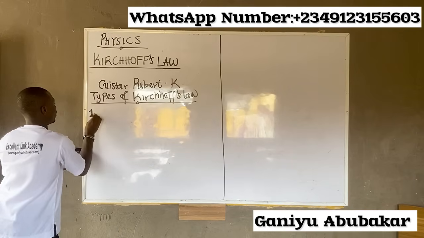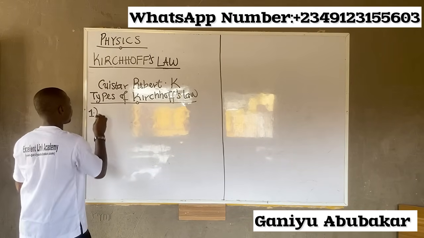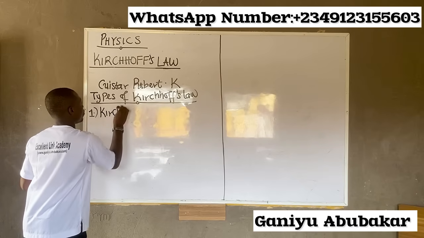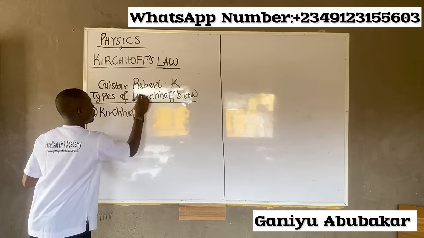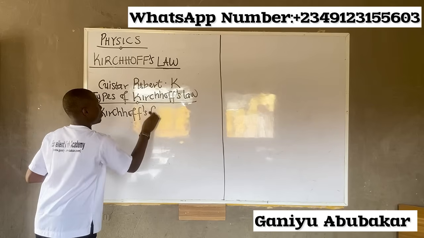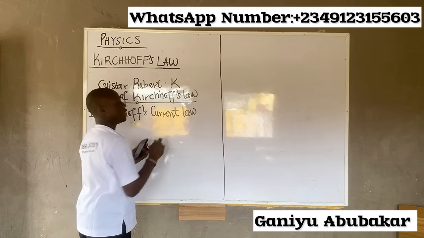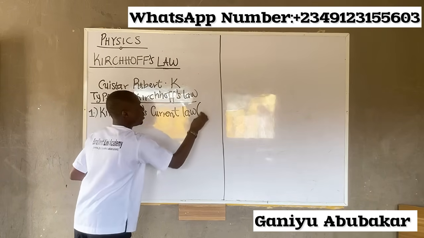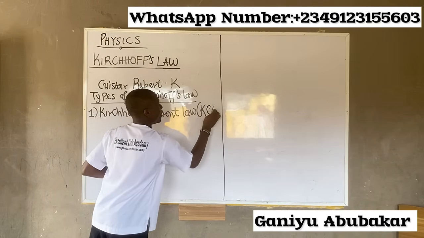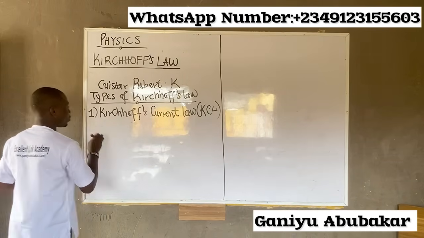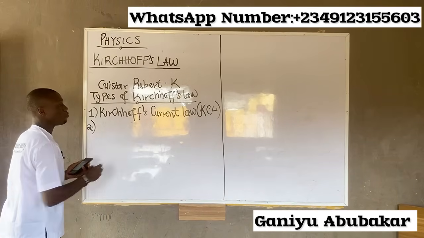The first one is called the Kirchhoff current law. In abbreviation, it's called KCL. This means Kirchhoff current law. Next up, number two is called the Kirchhoff voltage law.